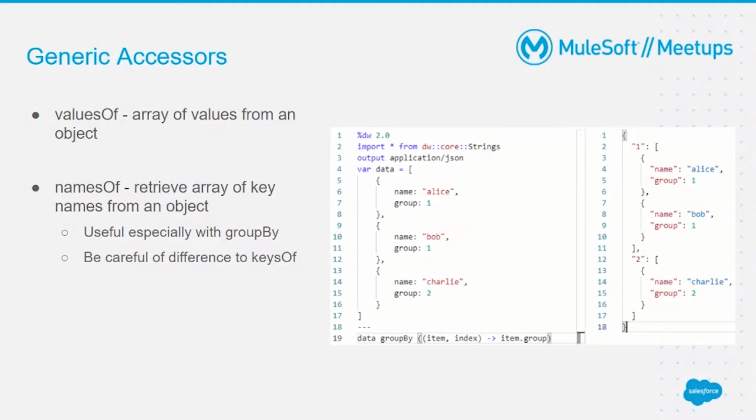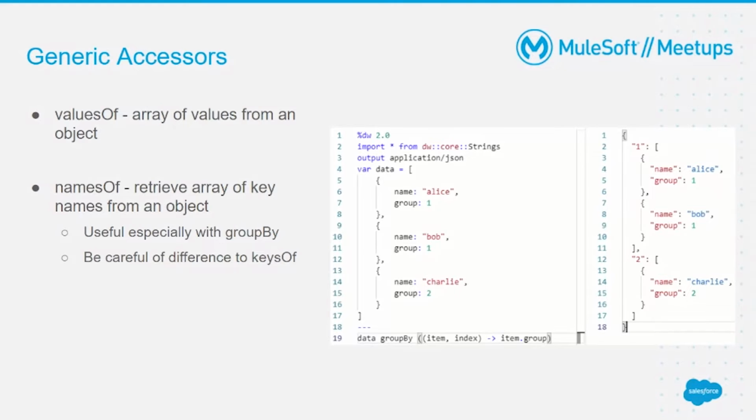One place I've seen this come up quite a bit, for myself at least, is with the groupBy operator. As a quick refresher, the groupBy operator takes an array of data and sorts it into several buckets depending on the criteria you give. In this example, we have a group number for each of these objects inside this array.